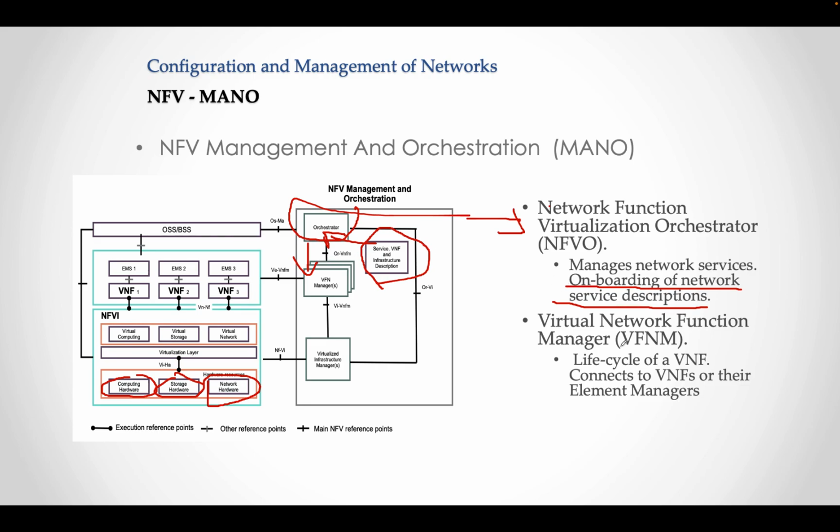The virtual network function manager is responsible to manage the life cycle of a VNF. So what it's going to do, if you see here the interface, it's going to deploy the software on the VMs. But it needs to have the VMs already, okay? So the function of this block here is to control the softwares, okay? So it needs to receive a virtual machine or a container, and then this goes there and installs the needed software.